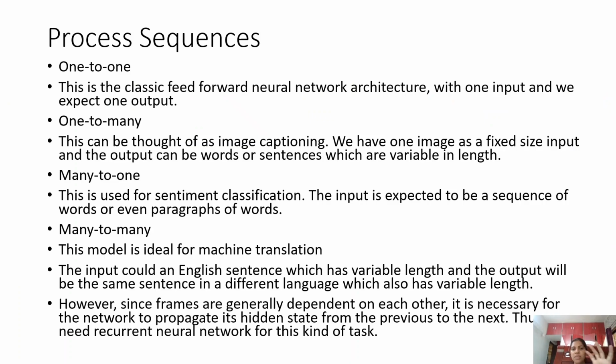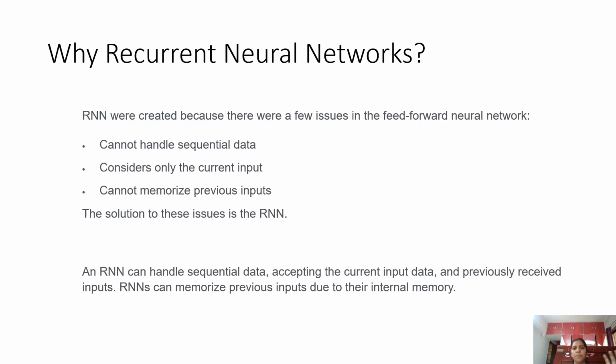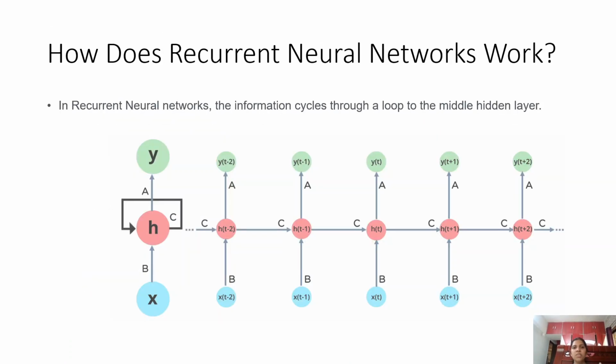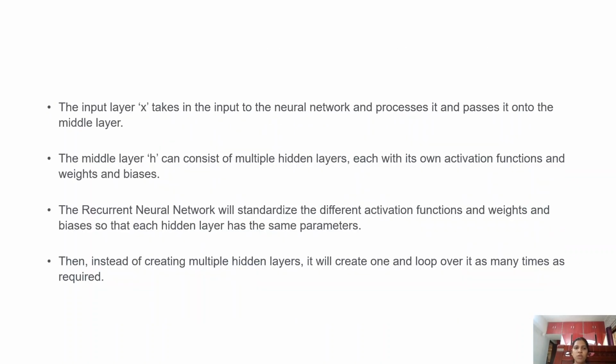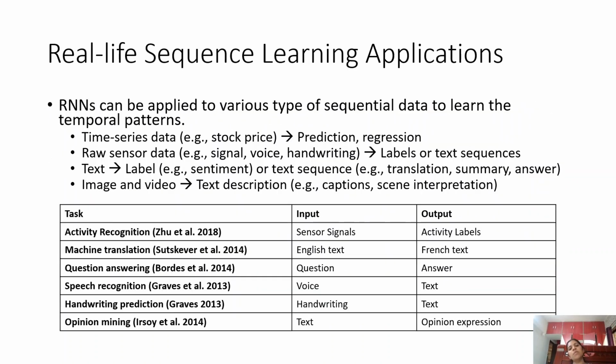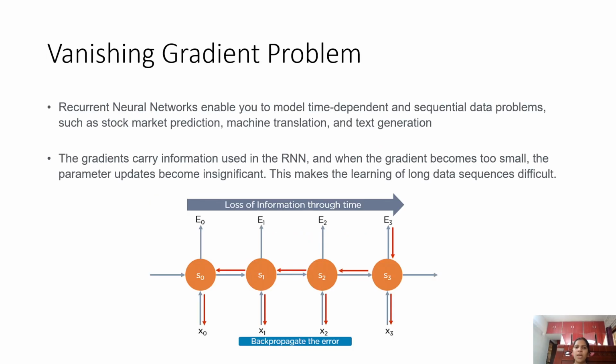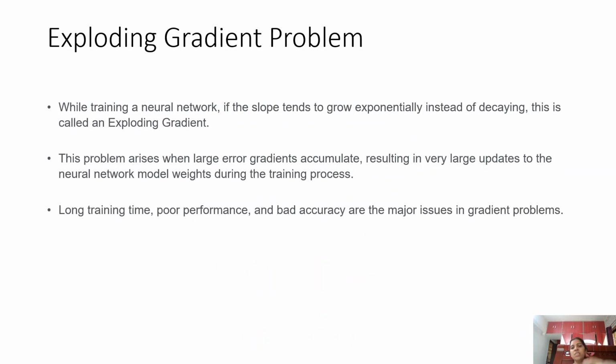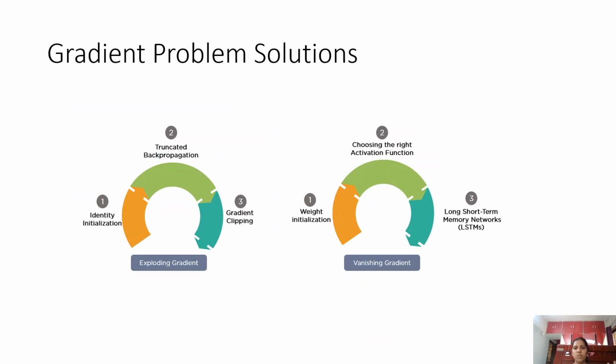We have given some applications of recurrent neural networks. We saw the problems of artificial neural networks, the sequential inputs and variable outputs, real life applications of RNN, and the disadvantages and how to mitigate them.